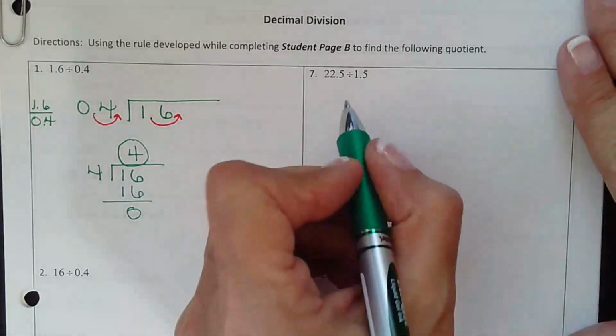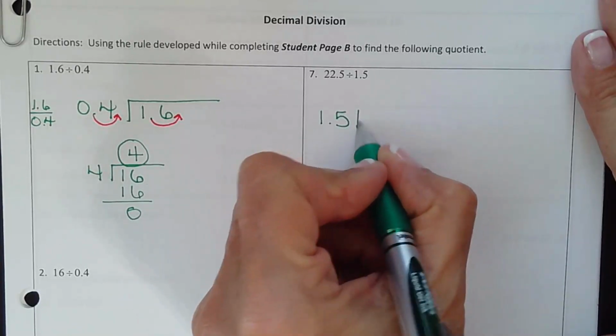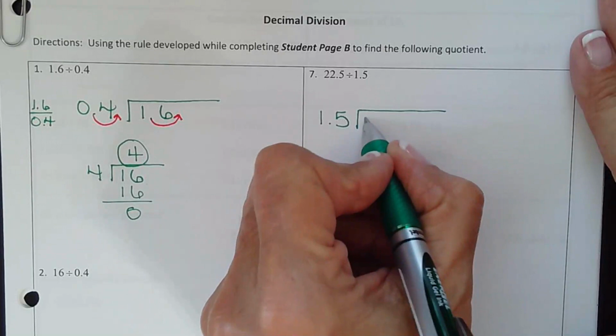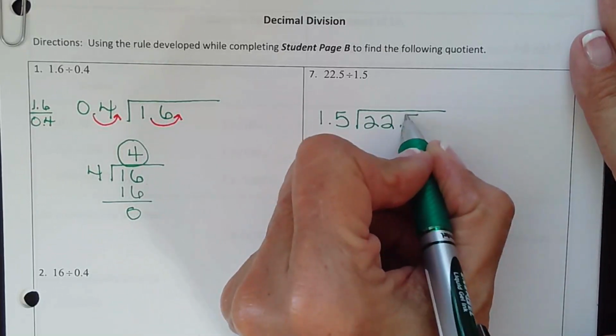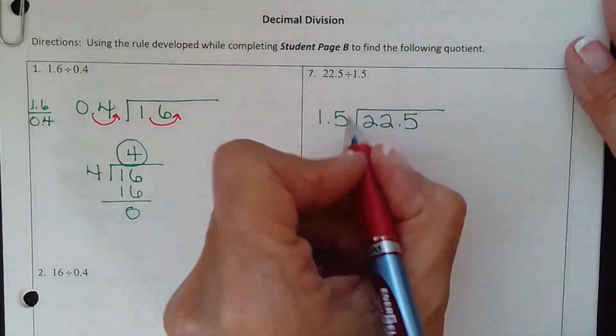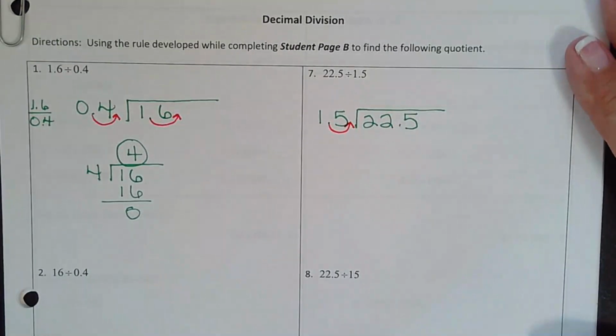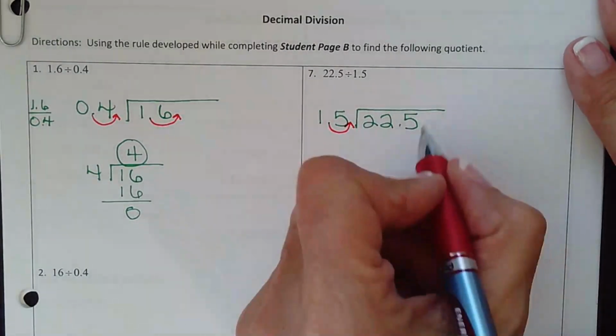For number 7, 1.5 into 22.5. Again, we're dividing by a decimal, which is not allowed. So to turn it into a whole number and have its decimal at the end, the decimal place must move 1 right again.